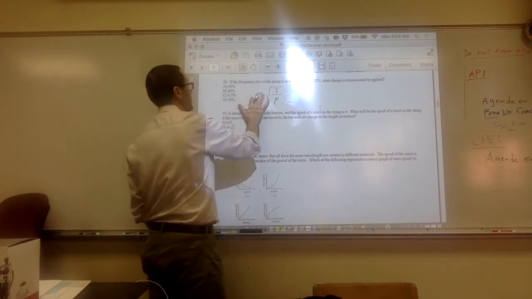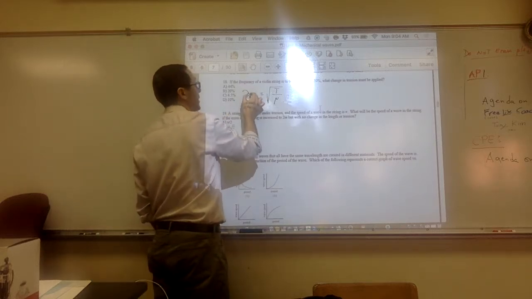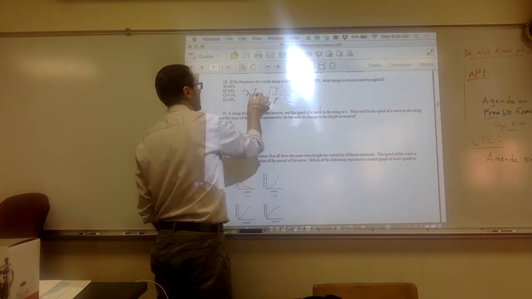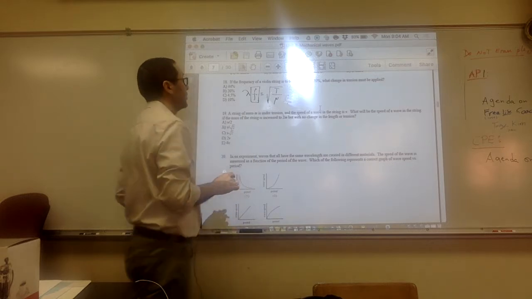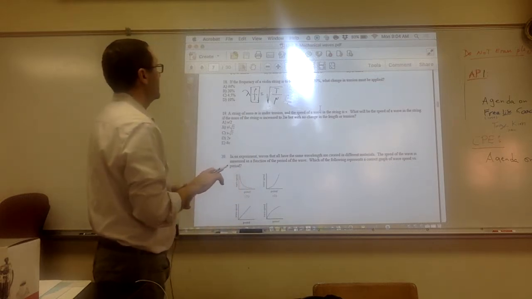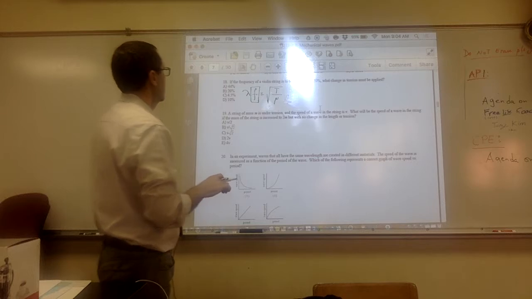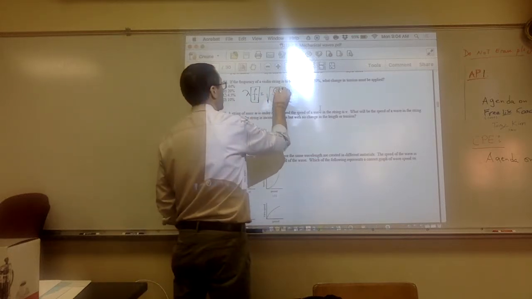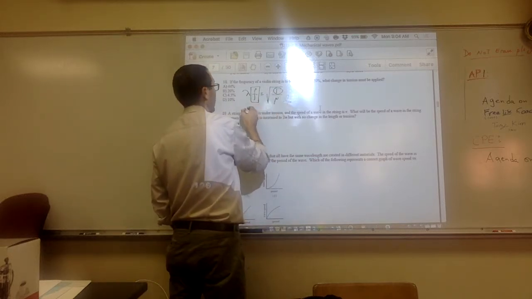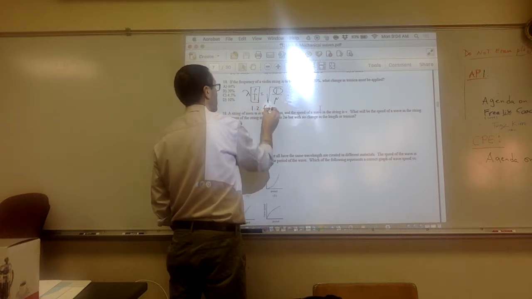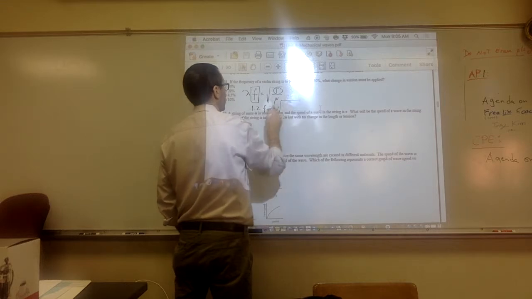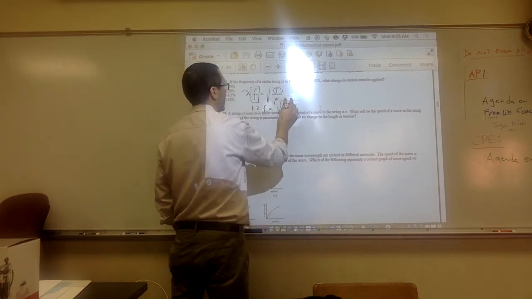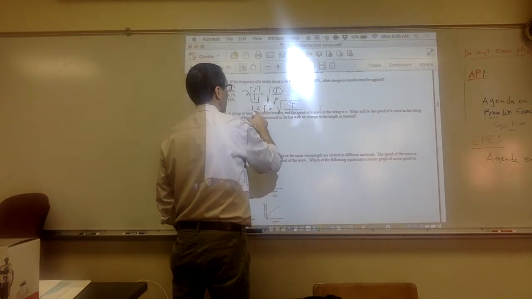Now v is also lambda times frequency, right? So if you want to increase the frequency by 20%, the frequency will not be f, it will be 1.2 times the frequency, equals, now the question is, what do we put inside here that will come out as 1.2?